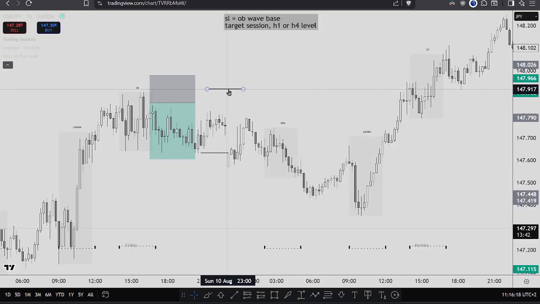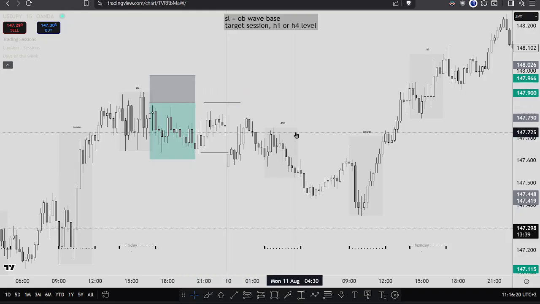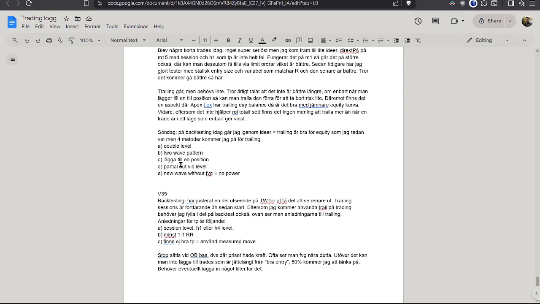Now I'm probably gonna put the stop here, but yeah, so flat or better, right? That's it. So 1, 2, 3, add, partial, even, and new wave no power. Yes, that's all the 5 of them.